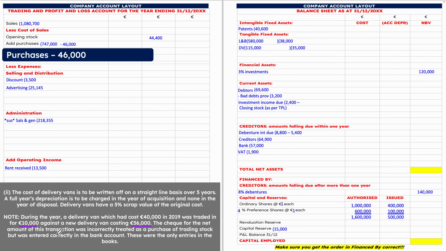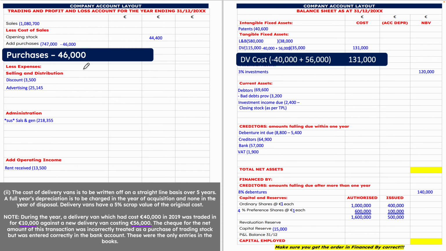The cheque for the net amount of this transaction was incorrectly treated as purchase of trading stock, but it was entered correctly in the bank account. So we need to fix the purchases. If the asset van should have been debited, but it was debited into the purchases instead, to take it out, we will minus 46. So that's the purchases fixed there.